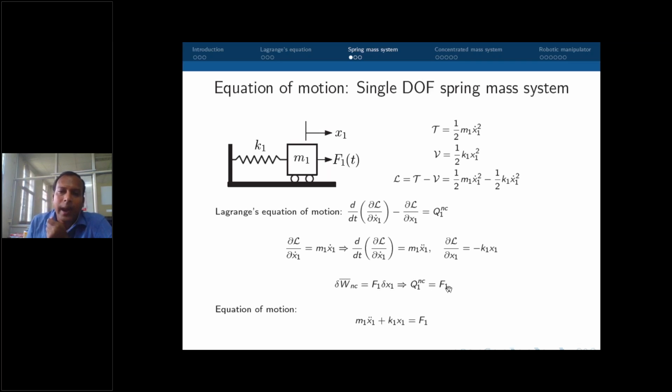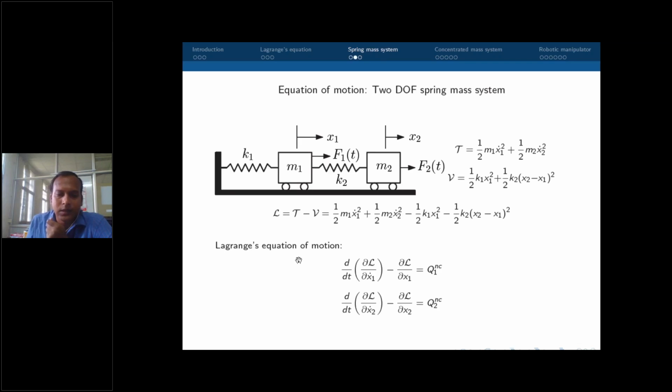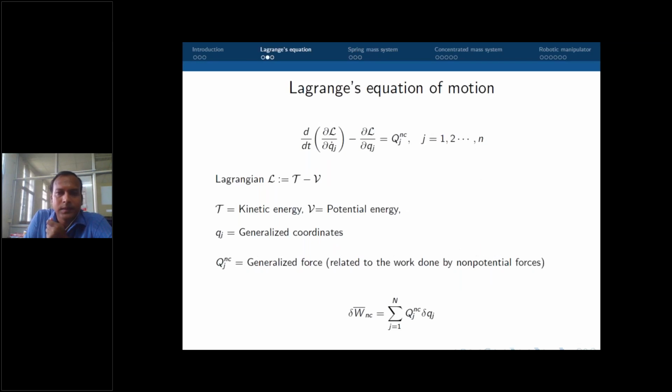How? If we go back to the Lagrange's equation, at the bottom it is written that the virtual work done by external forces or other non-potential forces is equal to the summation of each non-potential force multiplied with the corresponding virtual displacement.